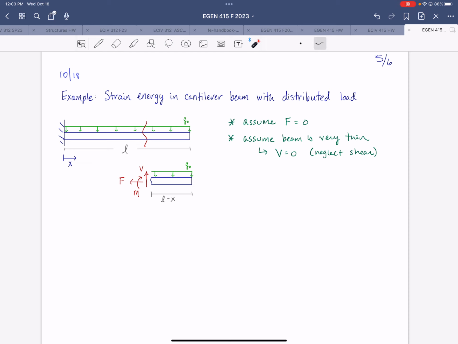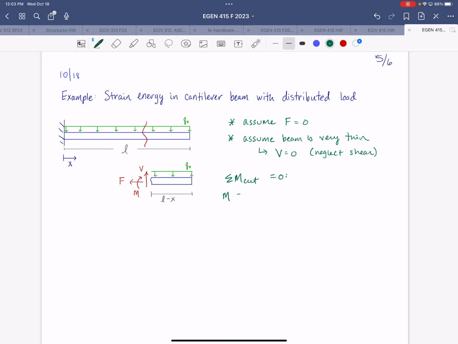So then if we only consider the contribution of bending or flexure to strain energy, then all we need is the moment. So in order to determine the moment in the beam, we'll make a cut and derive our moment equation. Taking the right side of that cut, we've exposed all the internal forces, but we just decided we were going to assume that F and V are equal to 0 for the purposes of determining strain energy. And so we sum moments about the cut.